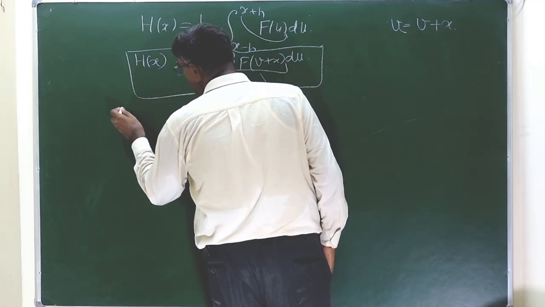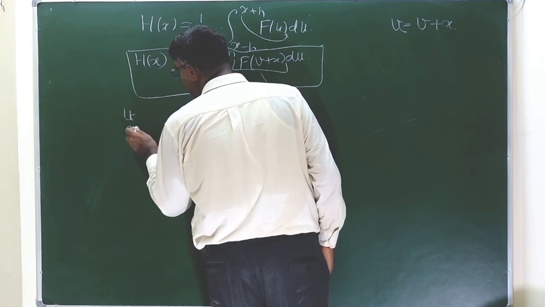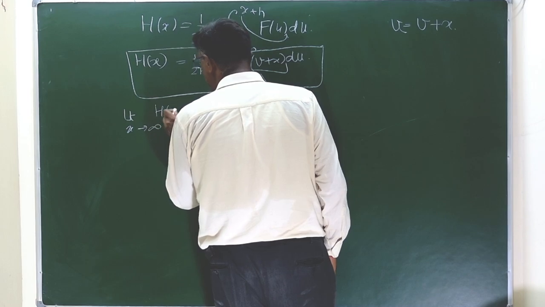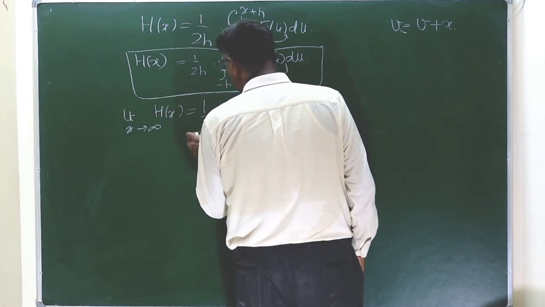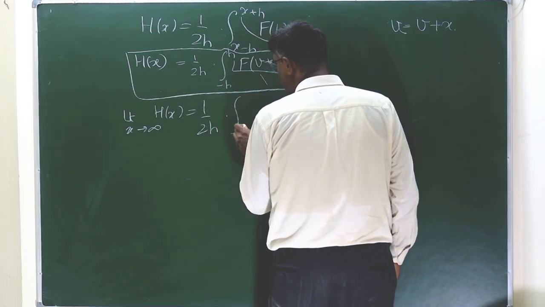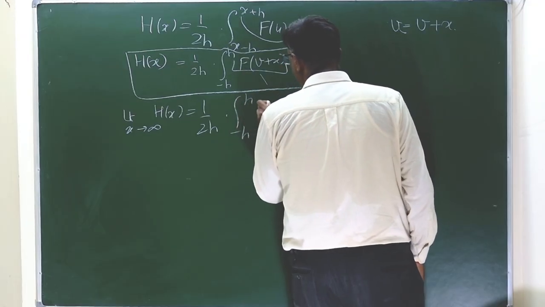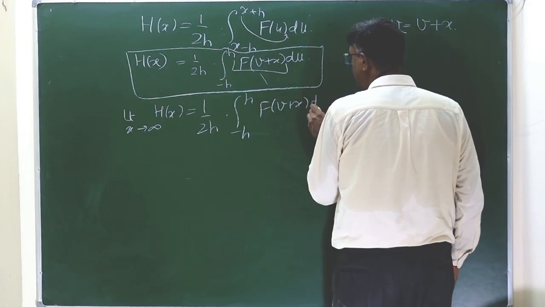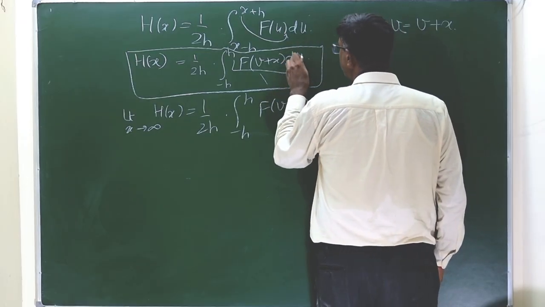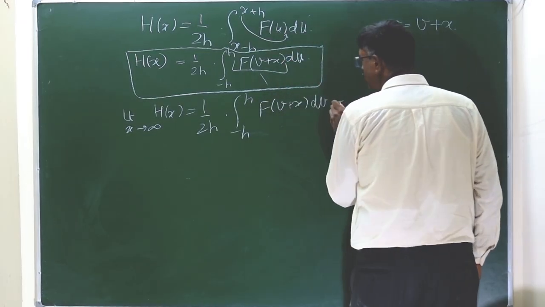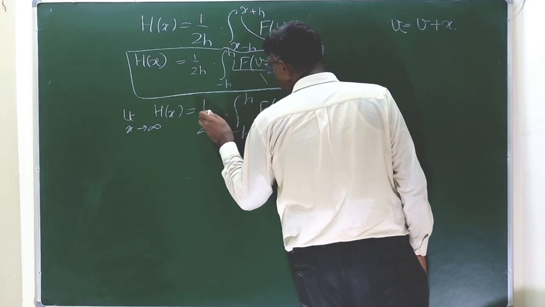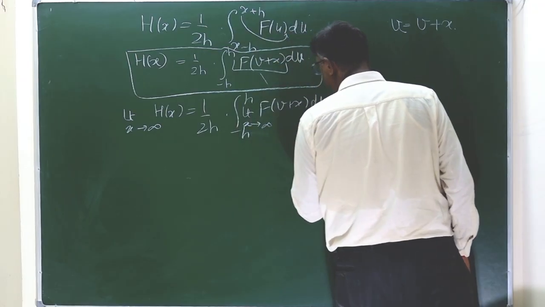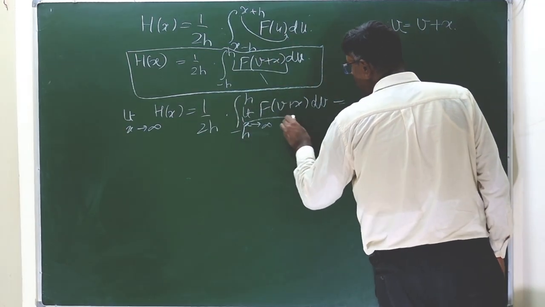So limit x tends to infinity, h of x will be given by 1 upon 2h, integral from minus h to plus h of f of v plus x dv. Since I am taking the limit x tends to infinity here, we know that this value will be 1.